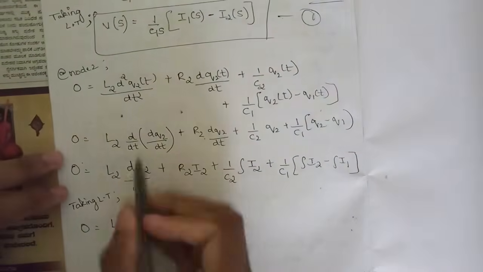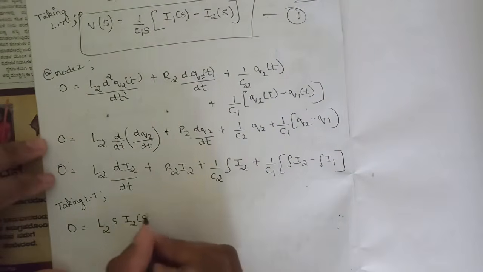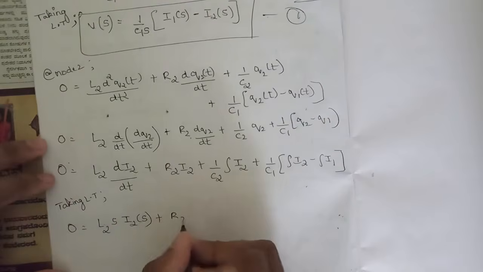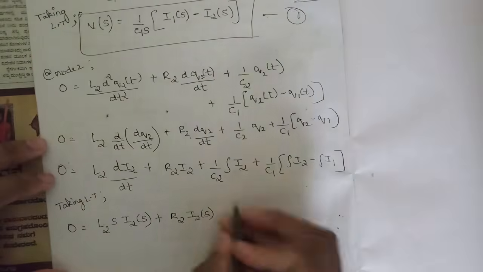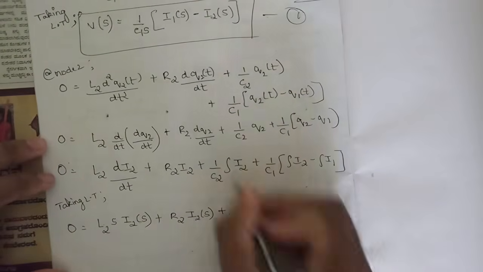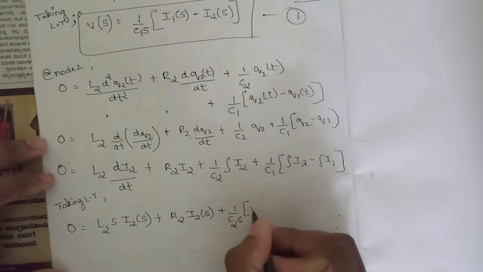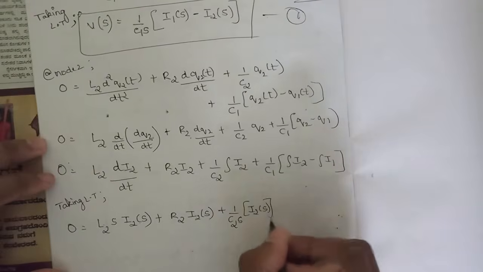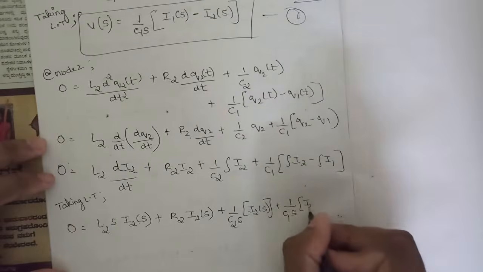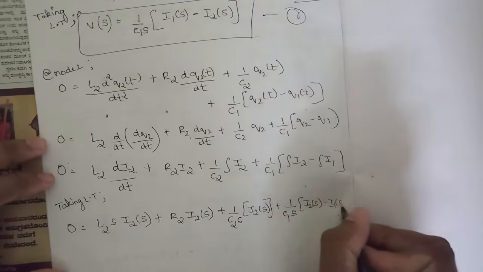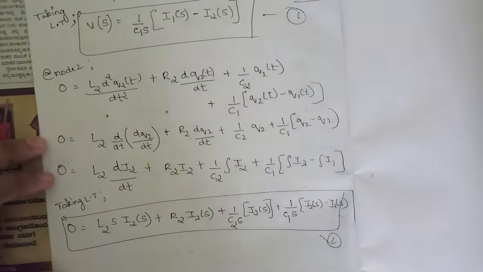So we write L2 into S into I2 of S, plus R2 into I2 of S, since we don't have any differentiation sign, plus 1 by C2, and since we have integration it corresponds to 1 by S, so 1 by C2S into I2 of S, plus 1 by C1S into I2 of S minus I1 of S. So this is your equation. Name it as equation 2, okay.